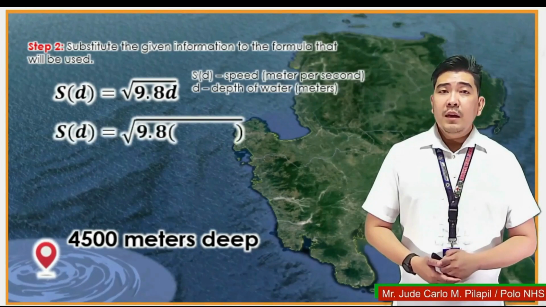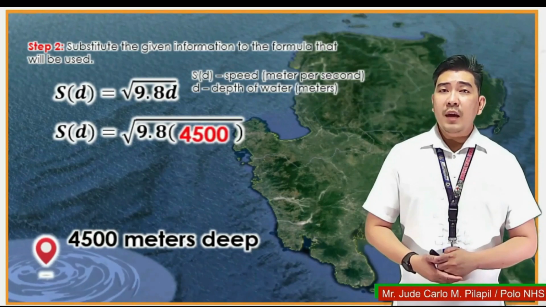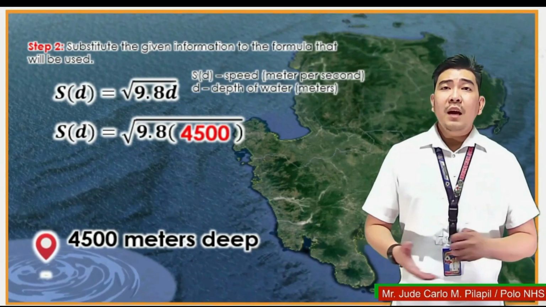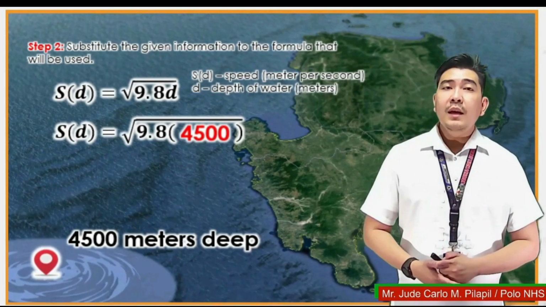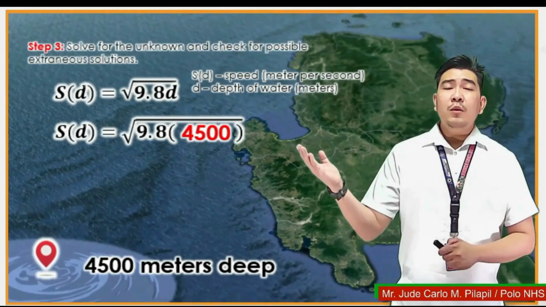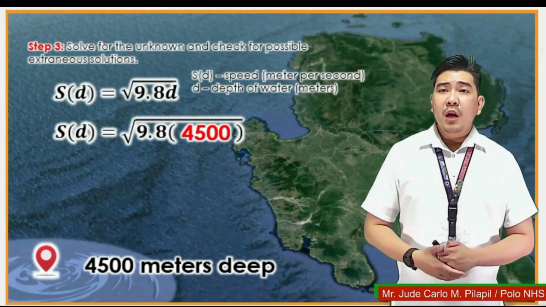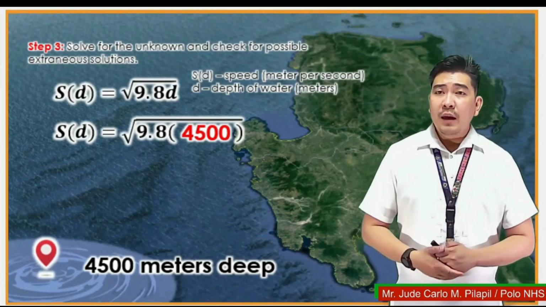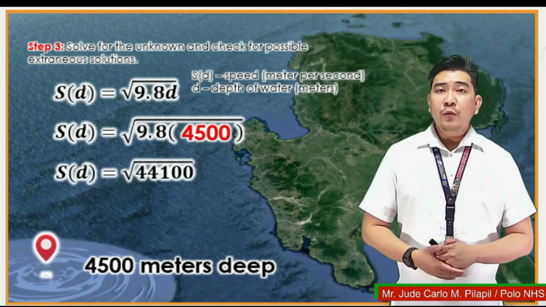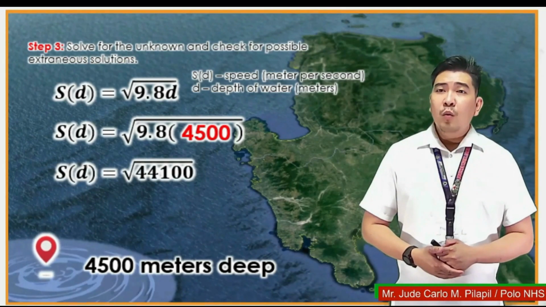So that will be S of D is equal to the square root of 9.8 times 4,500. Let us continue solving. Step number 3. From S of D is equal to the square root of 9.8 times 4,500, we will multiply 9.8 and 4,500, obtaining S of D is equal to the square root of 44,100.